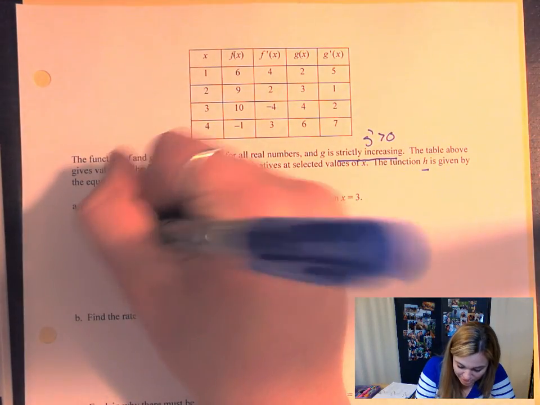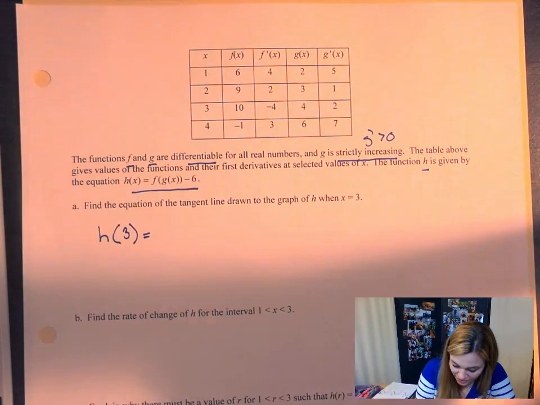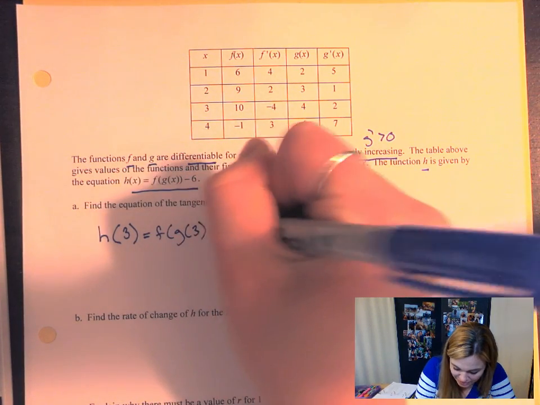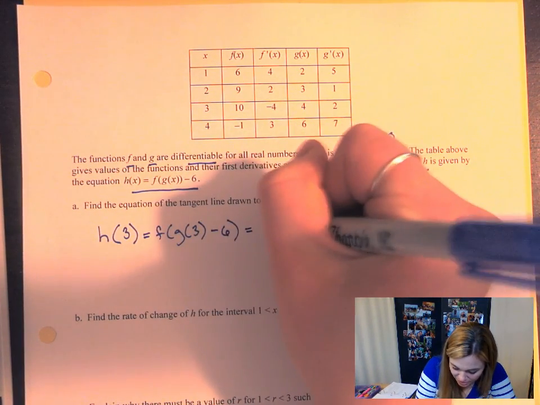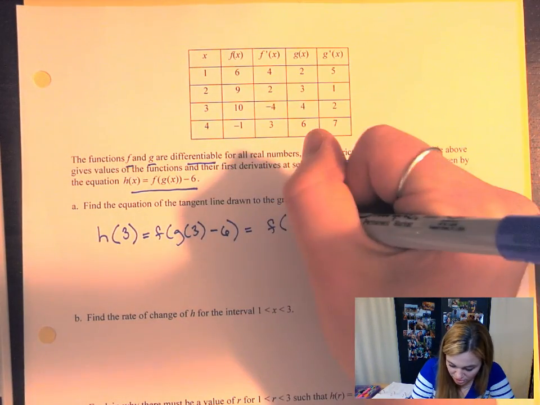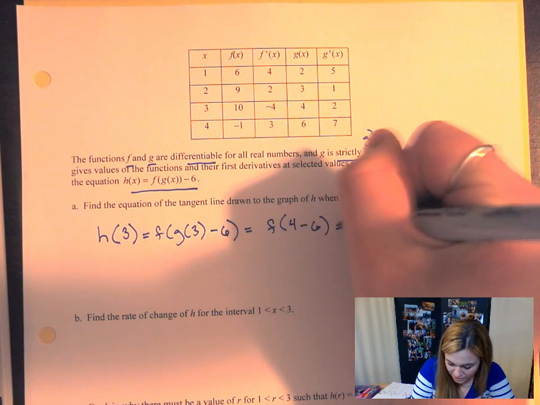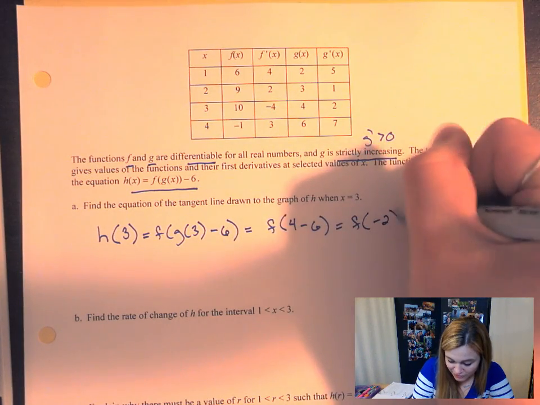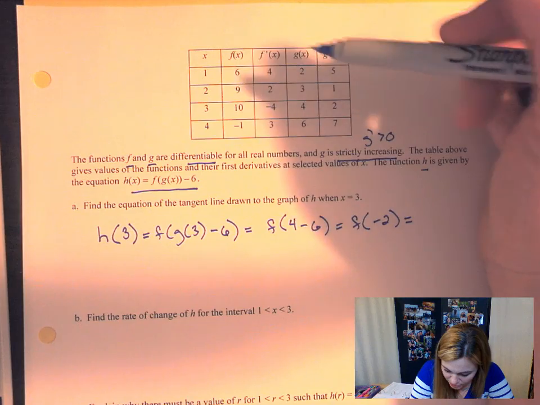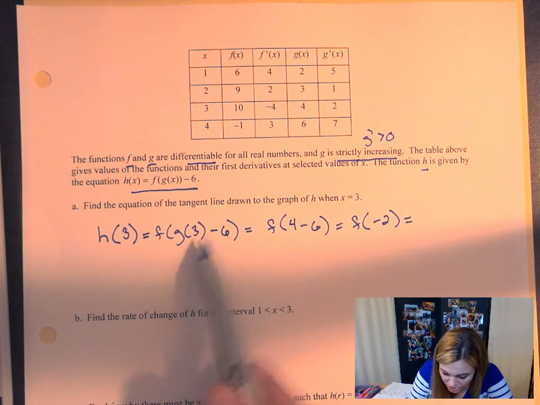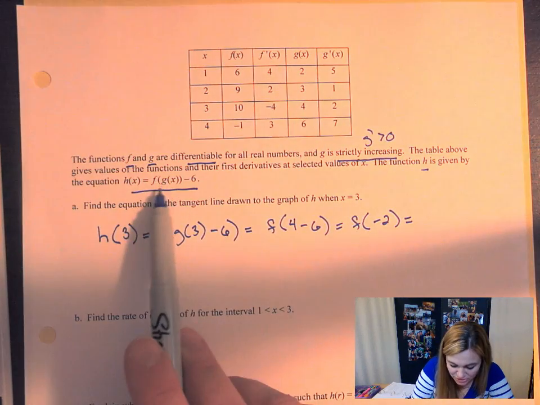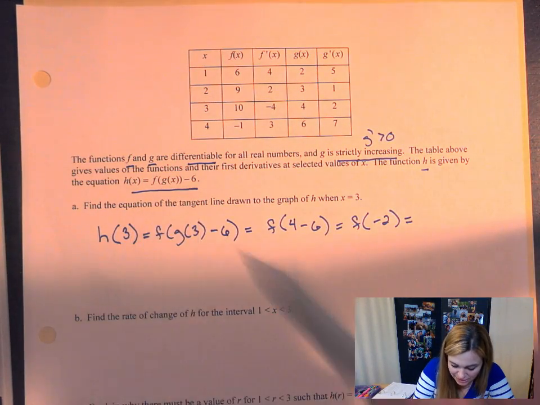For my point, I'm going to find h of 3. h of 3 would be f of g of 3 minus 6. Starting from the inside out, g of 3 would be 4. So I'm really looking for f of negative 2. f of, something's wrong here. What did I do wrong? g of 3 is 4. Oh, silly me. Do you see how it says f of g of x minus 6?